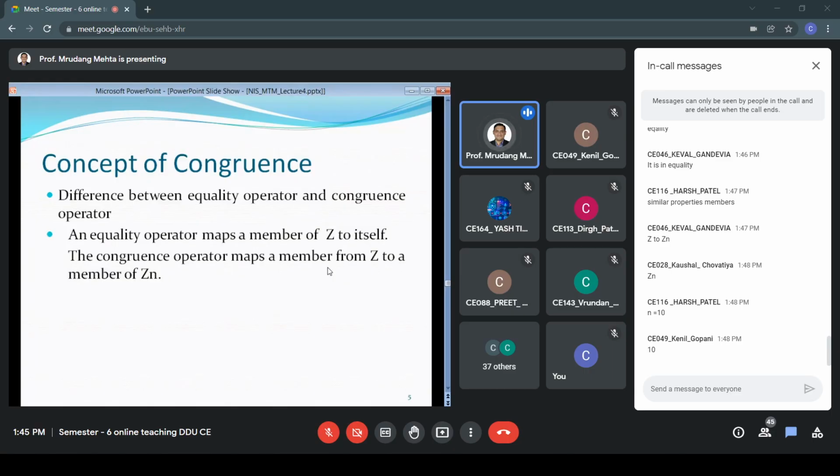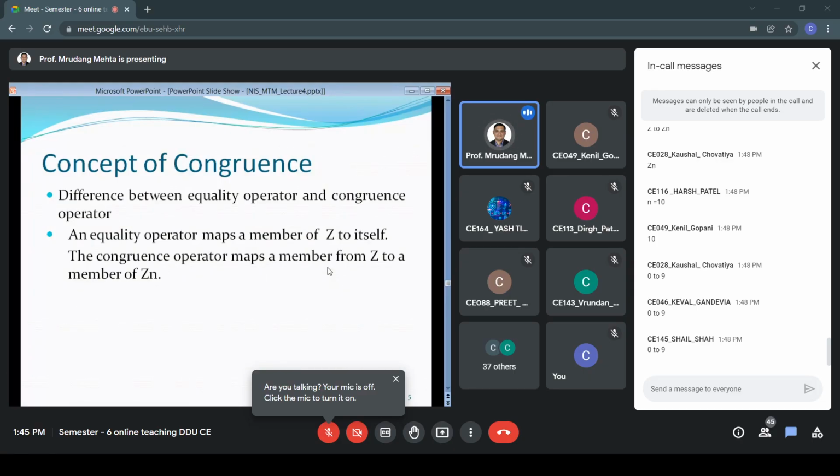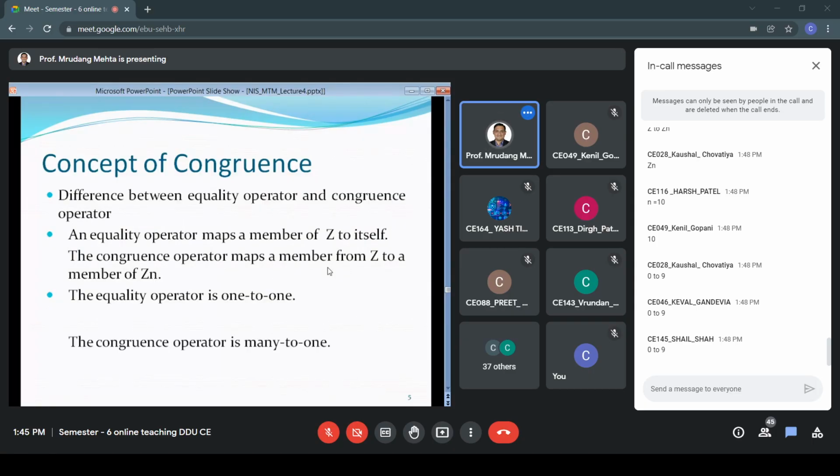So Z10, what are the values of Z10? Zero to 9, right? So 2 belongs to 0 to 9. So Z to Zn mapping is done. The equality operator, as one of you said, is 1 to 1, but the congruence operator is many to 1. So this is the fundamental difference between the equality operator and the congruence operator.